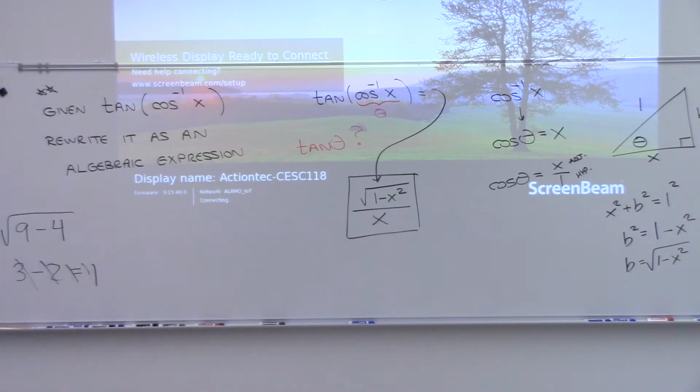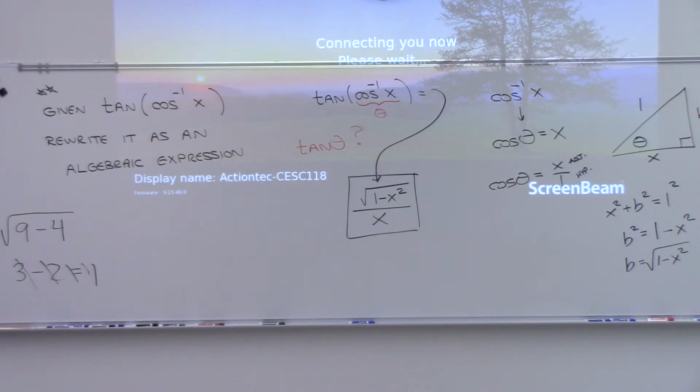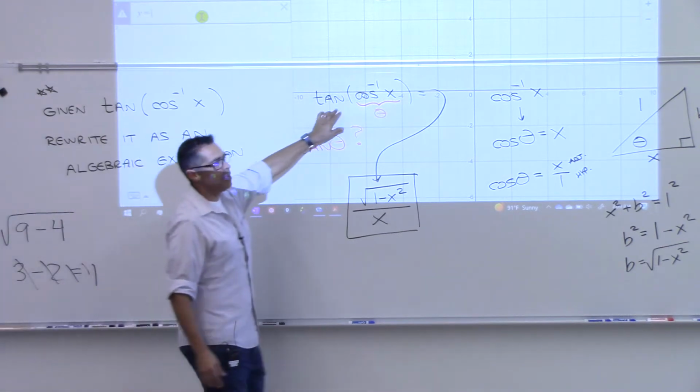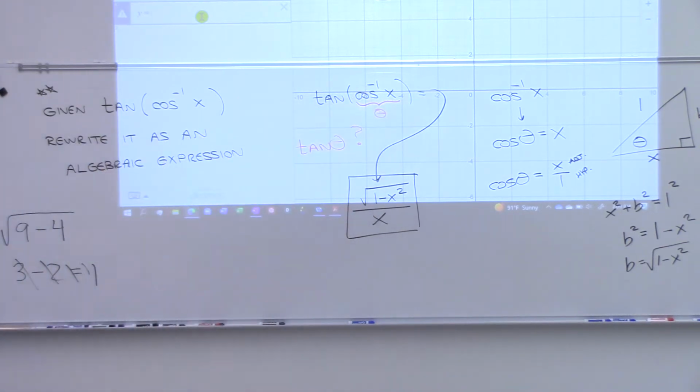So I know you're looking at that going, what are you doing? I'm going to project this over here so you can see what we just did. I'm going to have this computer graph y equals the original trigonometric expression: tangent of cosine inverse, I think I can type arc cosine, of x.